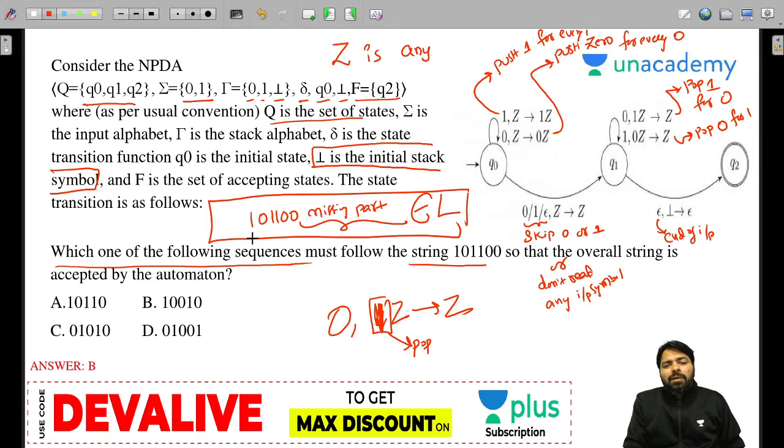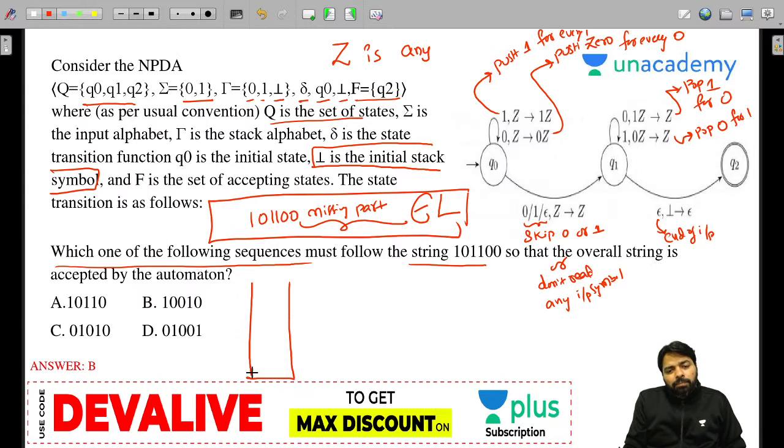See 1 0 1 1 0 0. Now let's try. Initially the bottom symbol is on the stack. Now we are reading 1, I can push. 1, then 0 push, and 1 push and 1 push, and 0.